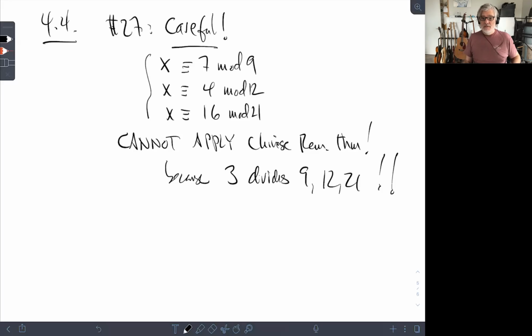You cannot apply it, so you have to use something else. It might be possible to mess around with this to eventually use the Chinese remainder theorem, but it's not direct. So we must use something else, and I don't want to discuss it now because I haven't even done the basic case.